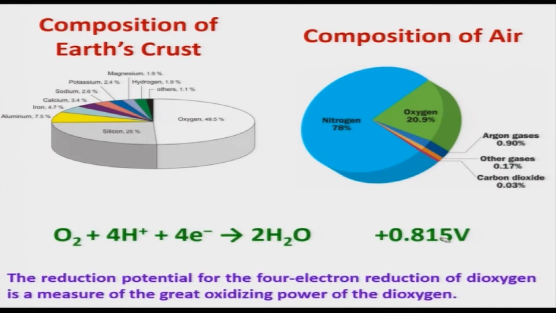As you can see, O2 converts to water with the help of 4 protons and 4 electrons, with an E0 value of 0.815 volt, which is a measure of the great oxidizing power of dioxygen.